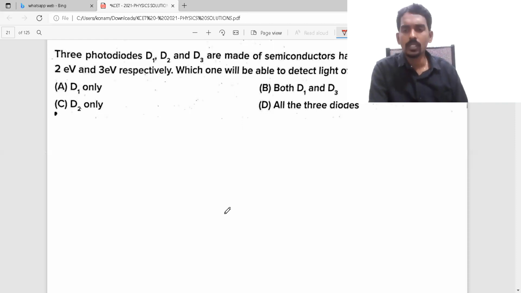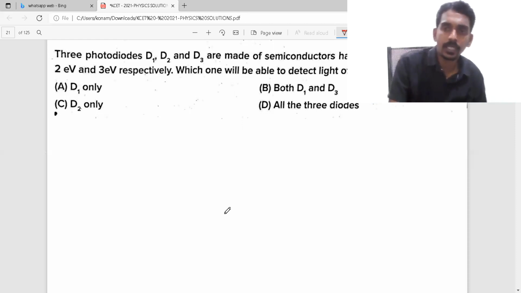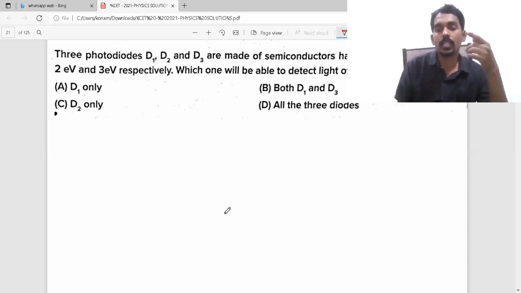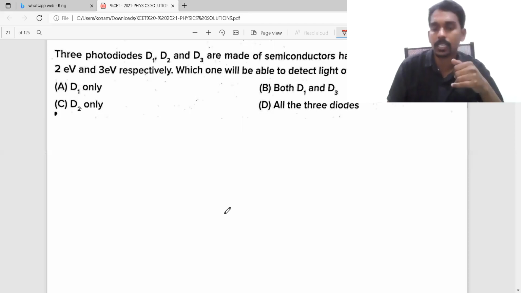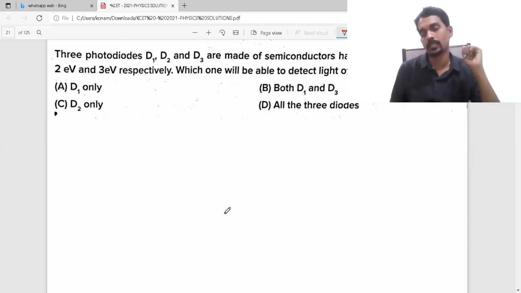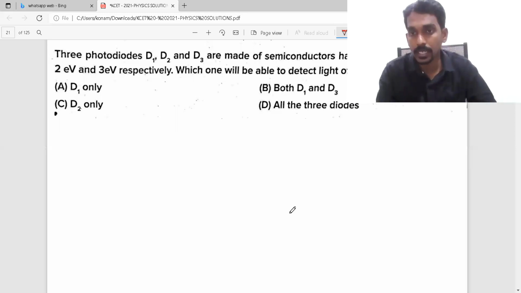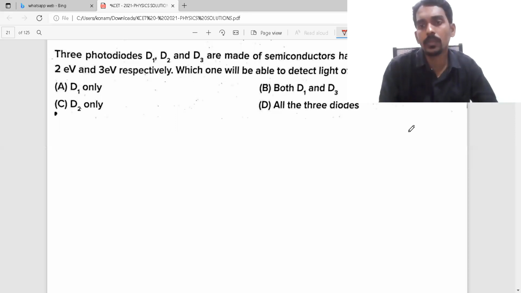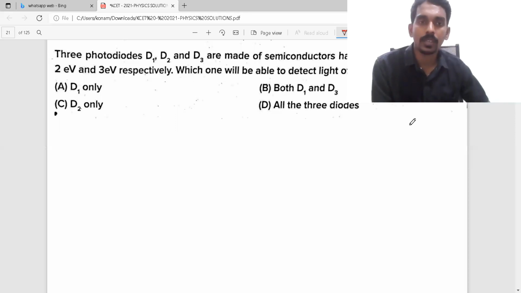Here the concept is that for the given wavelength, you need to calculate the photon energy, like in the photoelectric effect, hc by lambda. So 12,400 by lambda in angstrom or 1240 by lambda in nanometer. As it is given in nanometer here, take 1240 by 600. Then you will get the energy in electron volt.